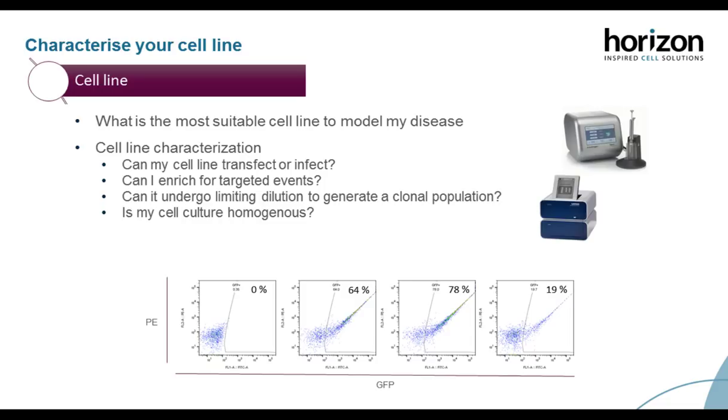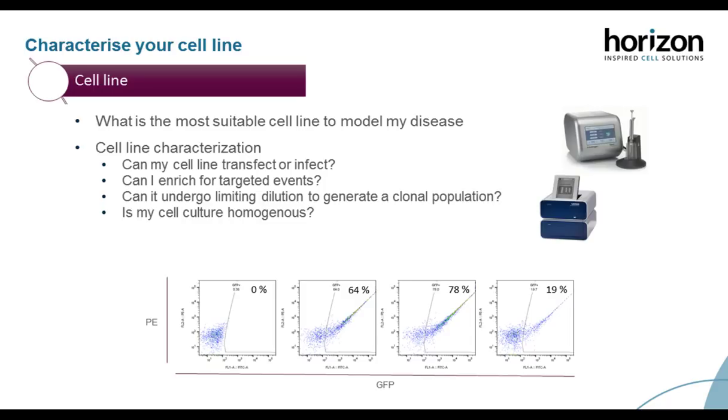any of those GFP-positive populations to see if our cells can be effectively sorted without any loss in cell viability. In the experiment at the bottom, we've transfected our cells with the fluorescent Cas9, and we're going to take that fluorescent population out and sort it into a multi-well plate to see if the cells are viable after sorting.